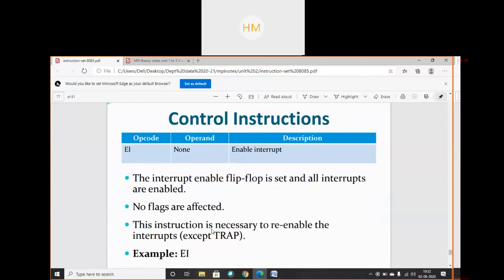This instruction is necessary to re-enable the interrupts except trap. Trap cannot be disabled, so there is no need to enable the trap interrupt. Okay. So EI, DI, halt, NOP instruction. All these are control instructions.